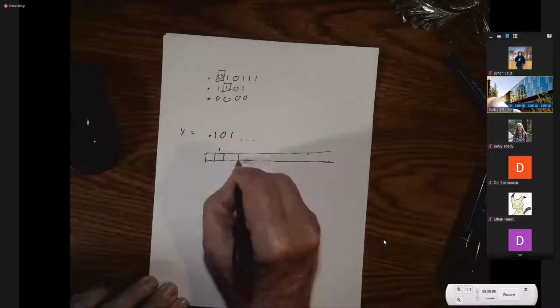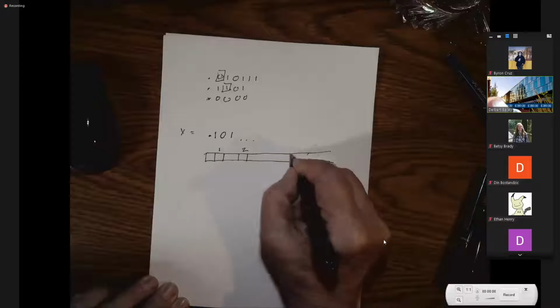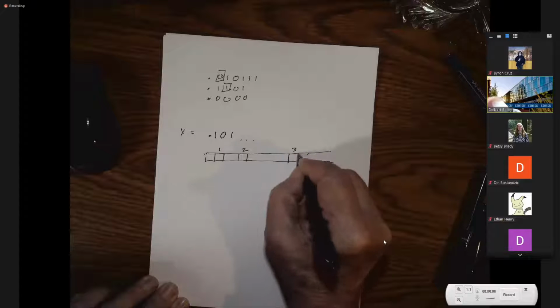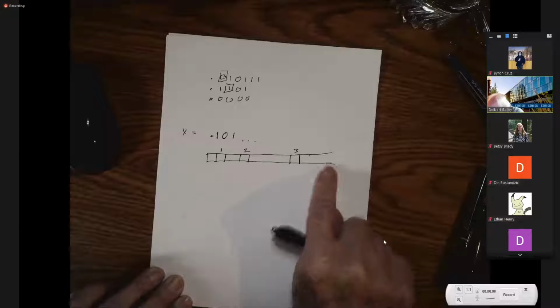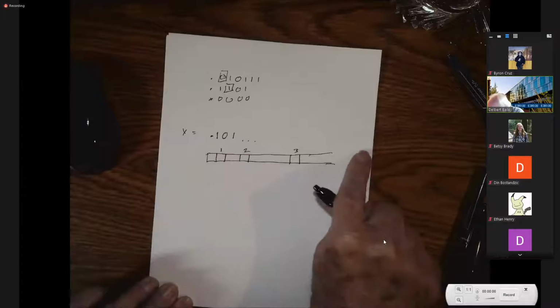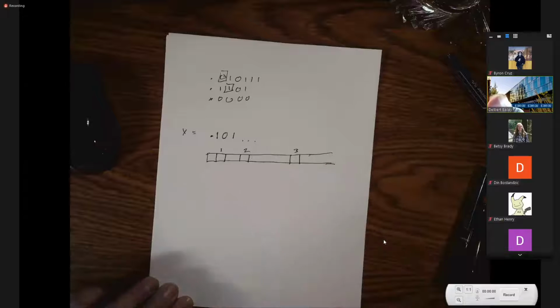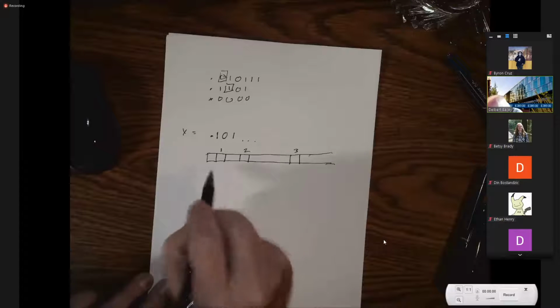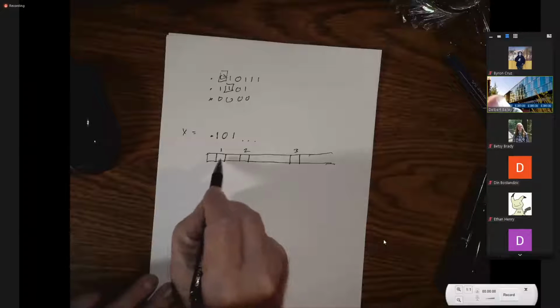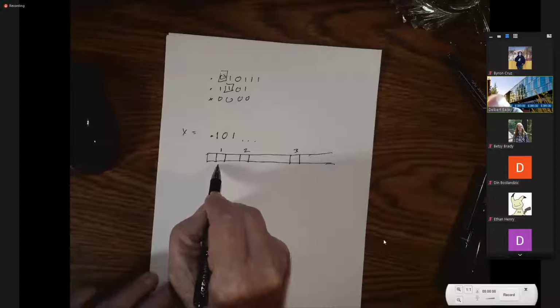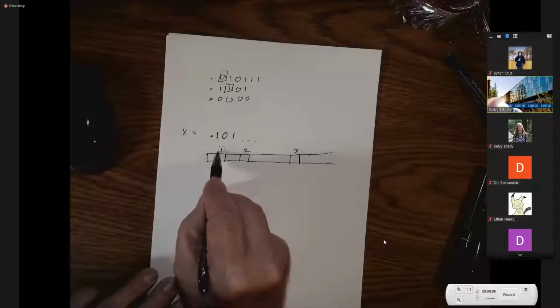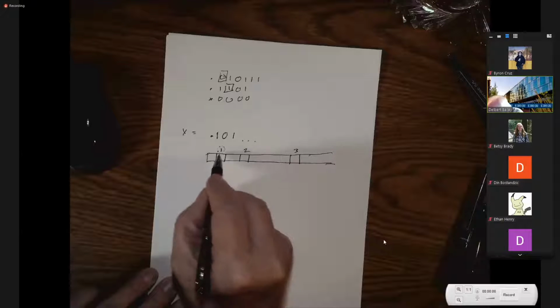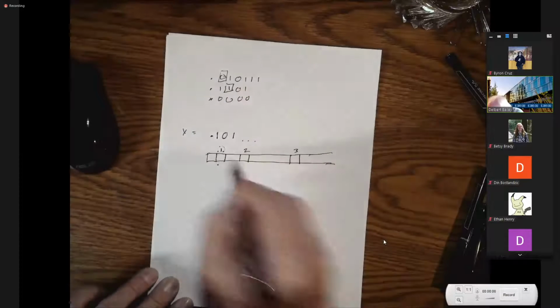And say I pick some other location, we'll just call this 2. And say down here, I pick 3. And I have some location that I picked for each natural number. Okay, now for this number, what I want to put down, this is the second position in the number, right? I want to make it different than the second position in the first number in the list. These are the numbers in the list.